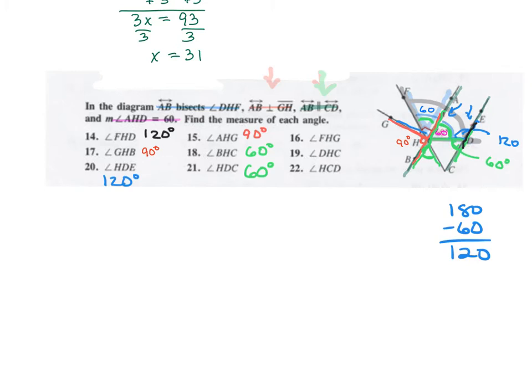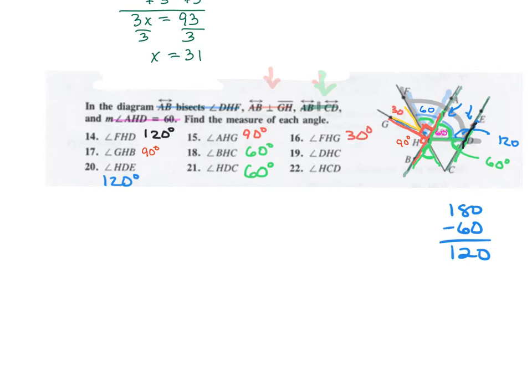I still have 3 more to find. Okay, the next one it wants me to find is FHG. FHG is this little one right here. Well, you can already see that it's part of this right angle that's here. So if part of it's already 60, that leaves you 30 for FHG.